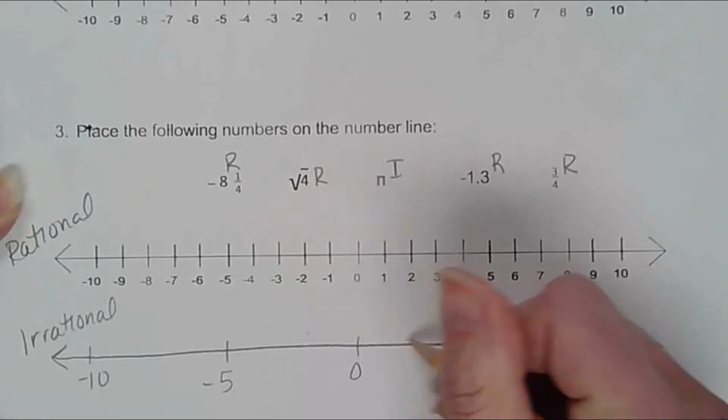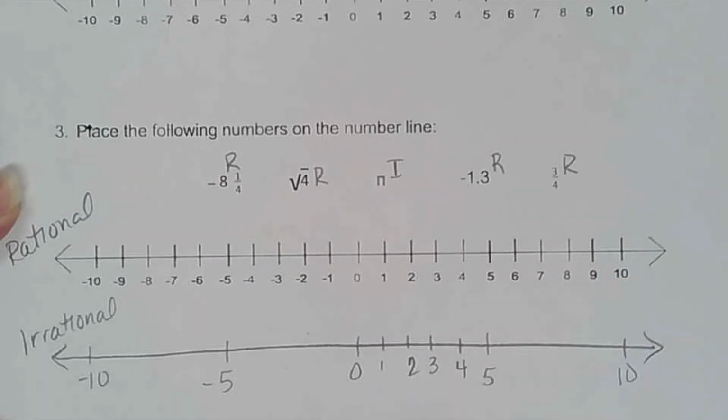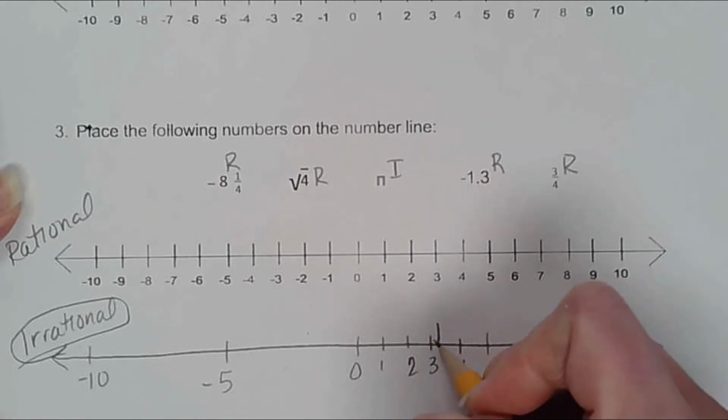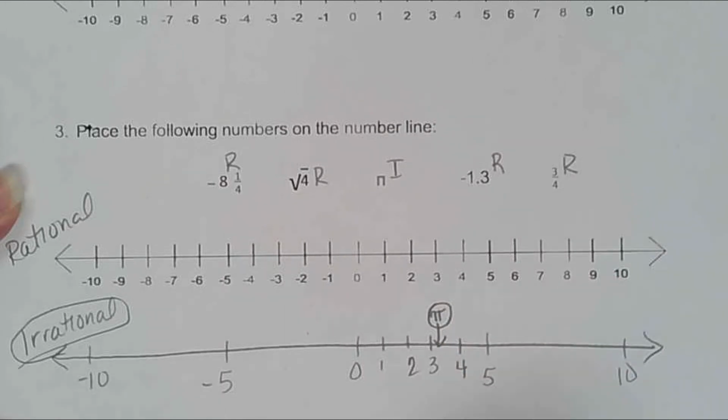So the only irrational number that I have is pi. So pi would go on my irrational number line, but all the other numbers will go on my rational line.